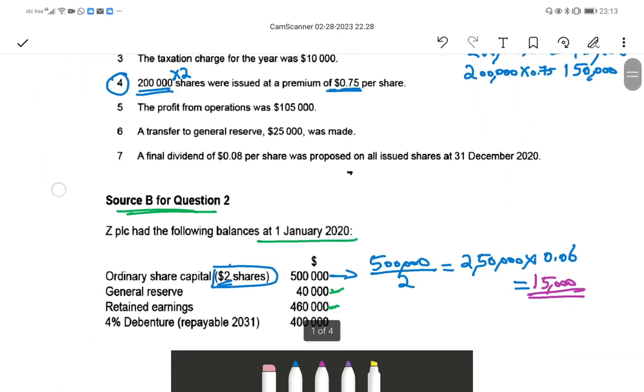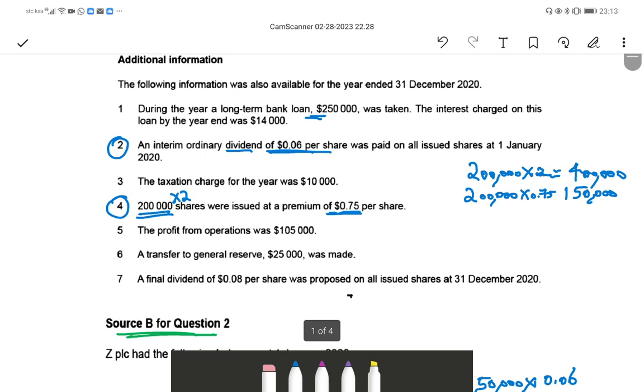Next, the profit from operation 105,000. We have to write the retained earning, the profit for the year. This is profit from operation, so we have to calculate the profit after interest and tax.